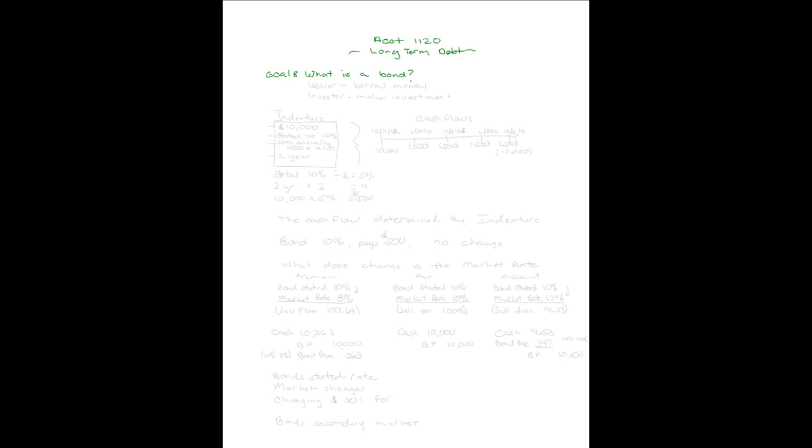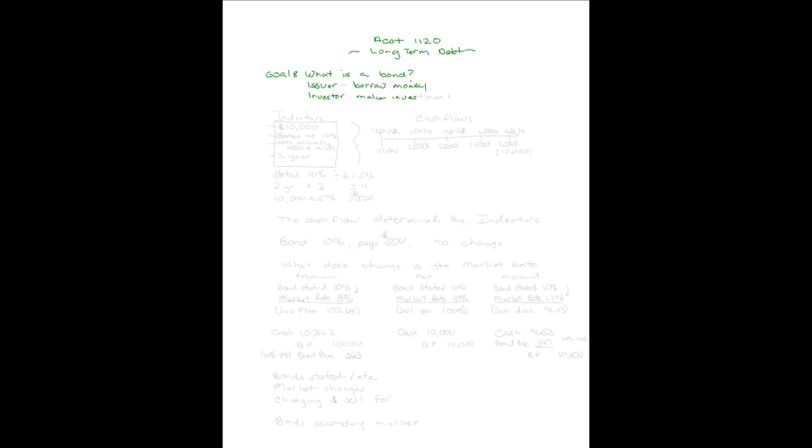So, what is a bond? Well, first of all, it's a way for the issuer of the bond to borrow money. And it's a way for the investor who buys the bond to make investments.